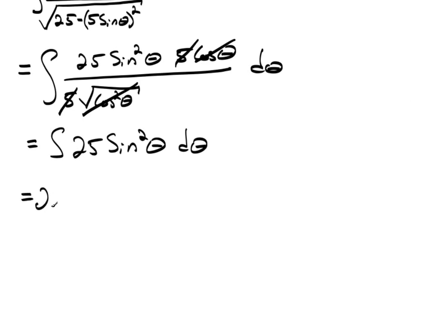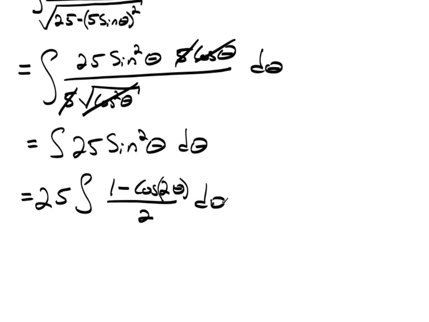This equals, I'm going to pull that constant out, 25 times the integral. Sine squared, I will write as 1 minus cosine, whoops, not cosine squared, I'm sorry, that's cosine 2 theta over 2. This is an identity we've worked with several times before.